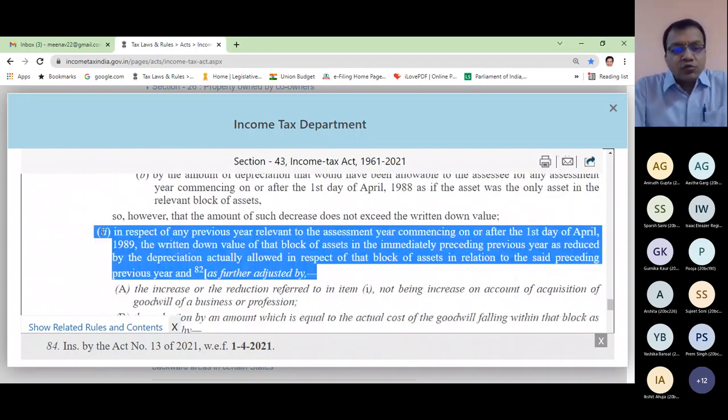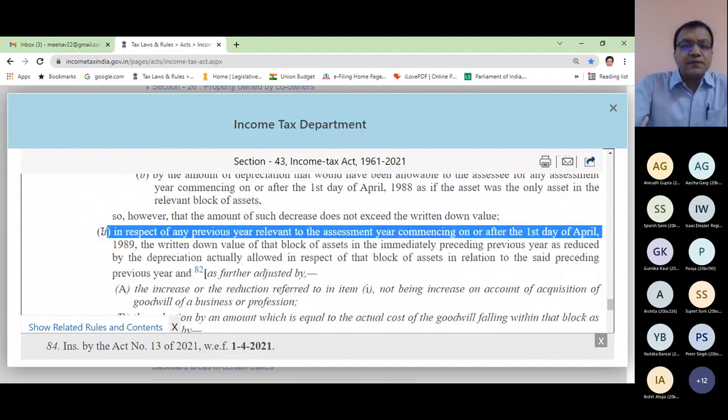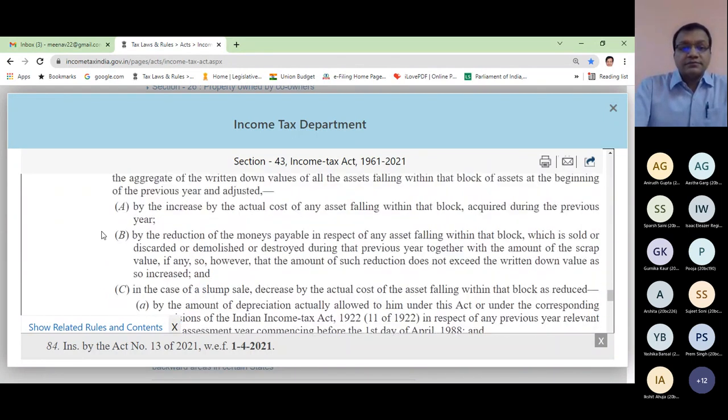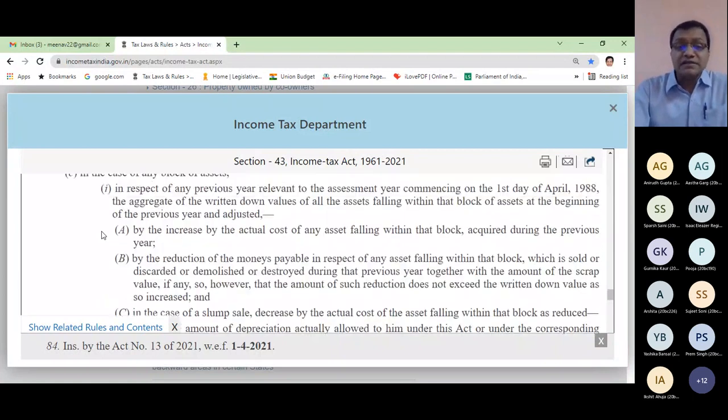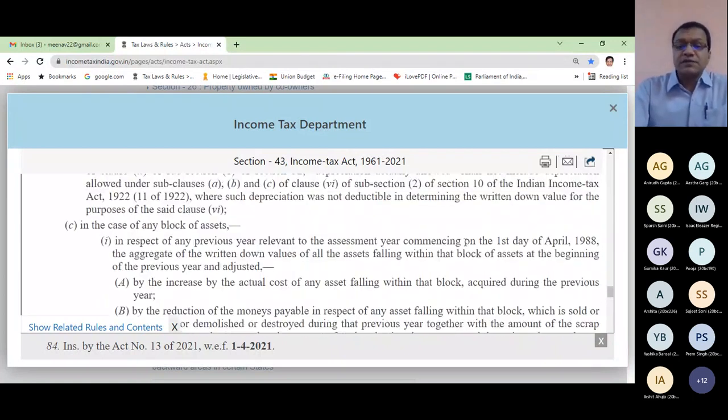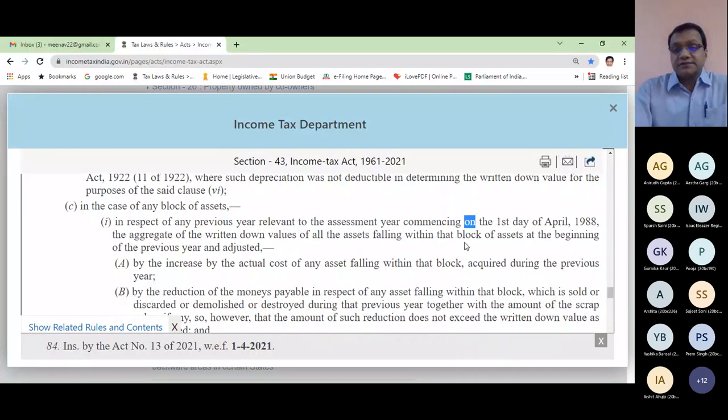And this is my subclause 2, and carefully see what it says. In respect of any previous year relevant to the assessment year commencing on or after, whereas in subclause 1 it was written only on the first day.